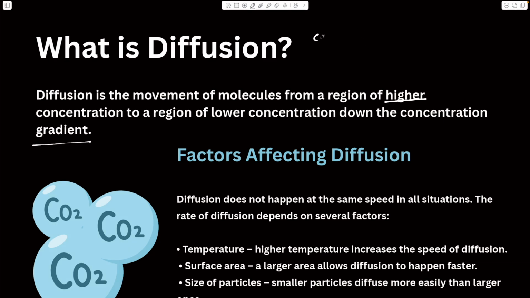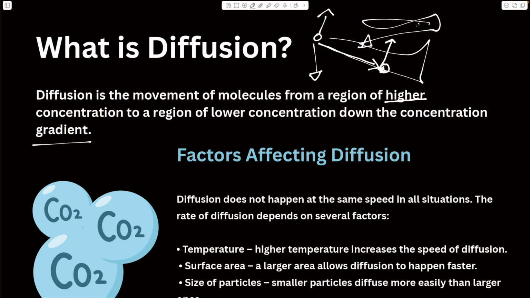For example, this is an atom which can move in this direction, or this direction, right? The movement of these molecules is very random. For example, it moves in this direction, okay, and it collides with another molecule. Afterward, its direction will change. Otherwise, it will move randomly in a zigzag pattern or any type of pattern.